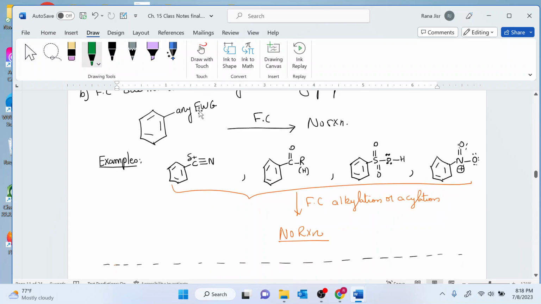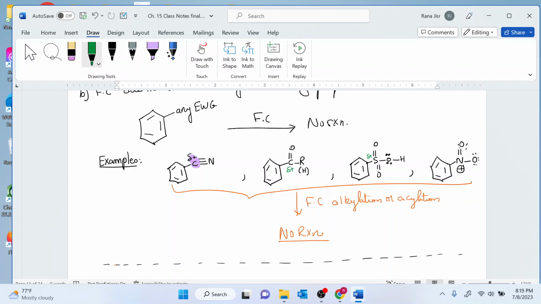So we defined an electron withdrawing group. It's a group that takes electrons away from the benzene, meaning that the group needs to be either partial positive, like in the case of the cyanide, like in the case of the carbonyl. The sulfur here is partial positive.